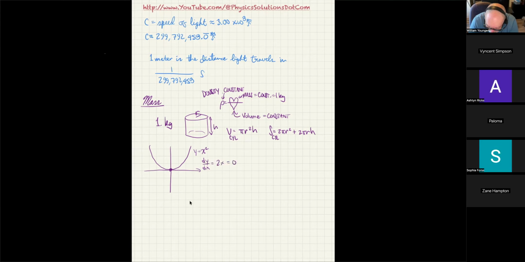And when you set that equal to 0, that gives you x equals 0. Then when you take the second derivative of y with respect to x squared, that's the derivative with respect to x of 2x, and that is just 2. So you see that when it is a minima, it comes out to be positive. So that's what I use just to remember it myself, I always refer back to y equals x squared in case you forget.